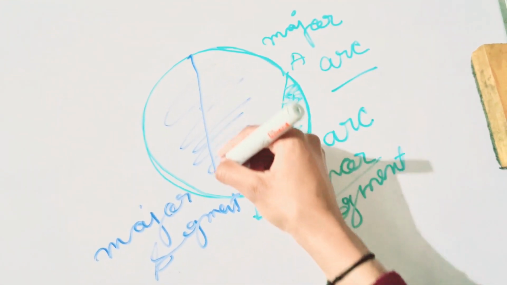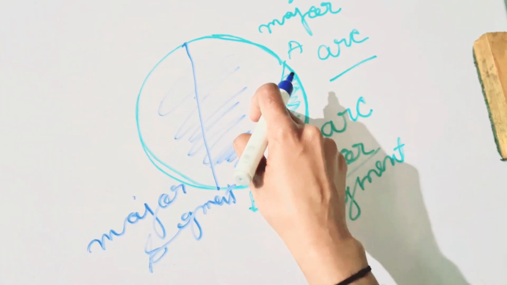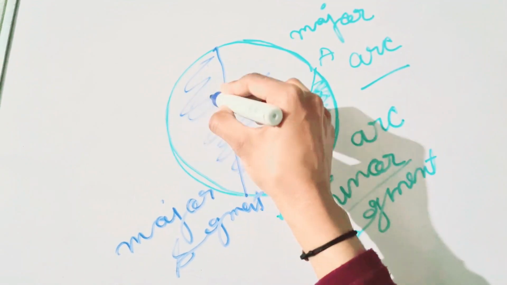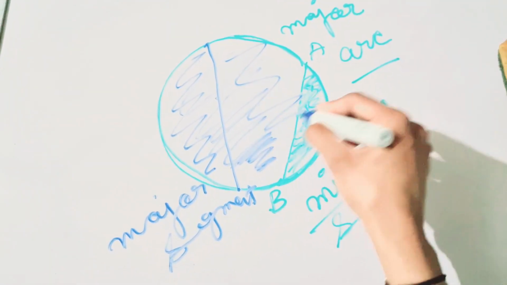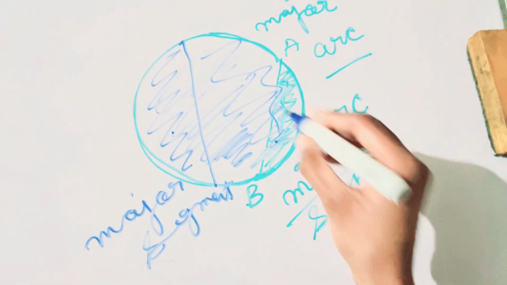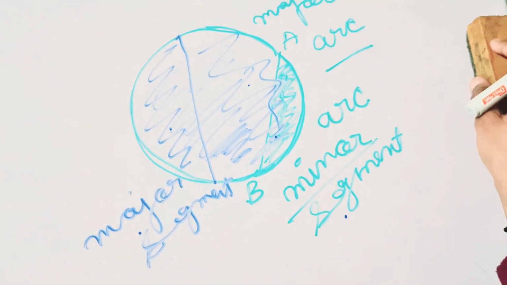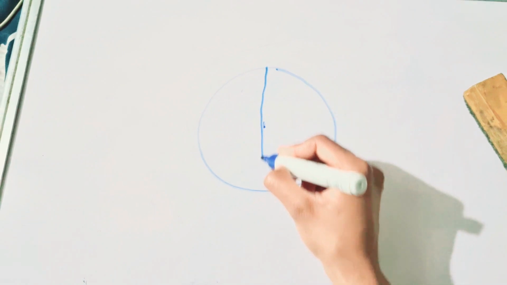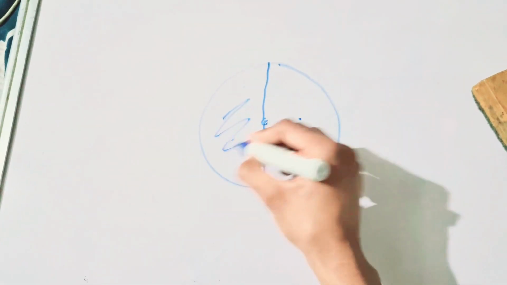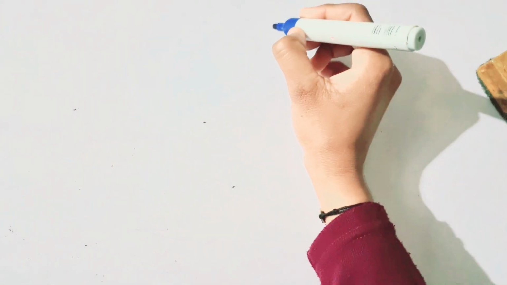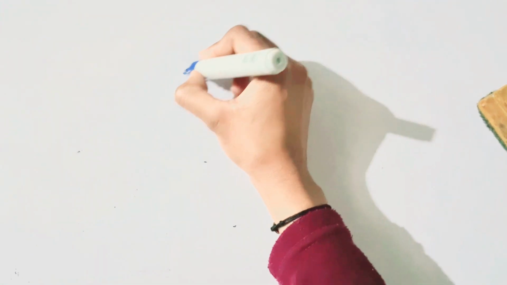Any chord divides the circle into two parts, and those two parts are known as segments. One may be smaller and one bigger. The smaller one is known as the minor segment, the bigger one as the major segment. And when we draw the longest chord, both the segments are equal, half. Now we talk about the sector of the circle.